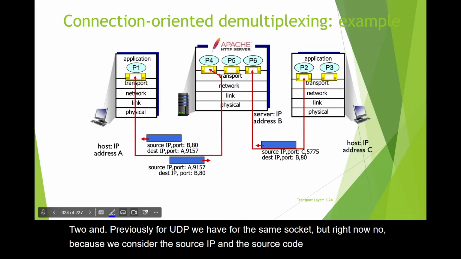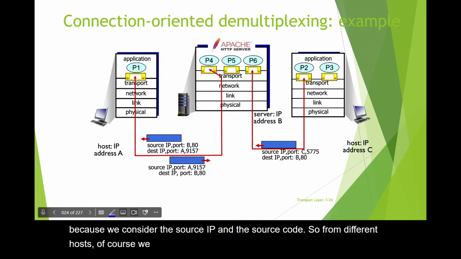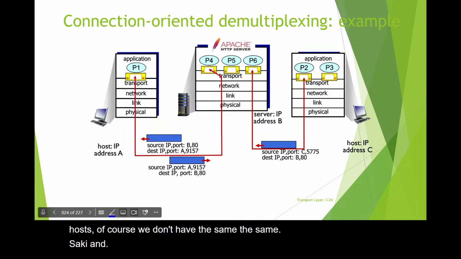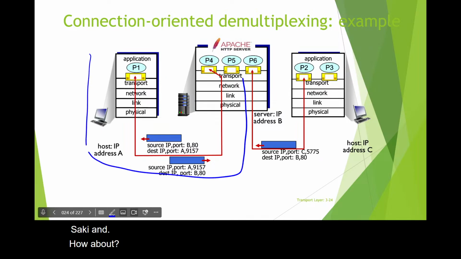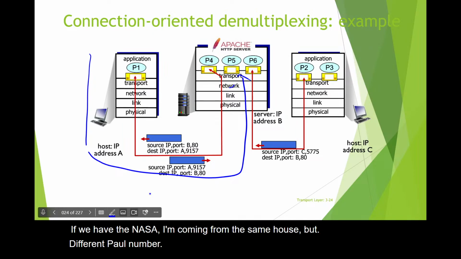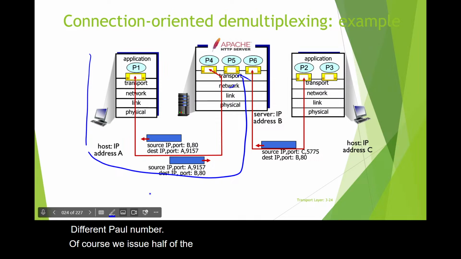So from different hosts, of course, we don't have the same circuit. And how about if the next one comes from the same host, but with a different port number? Of course, we should have a different circuit too.